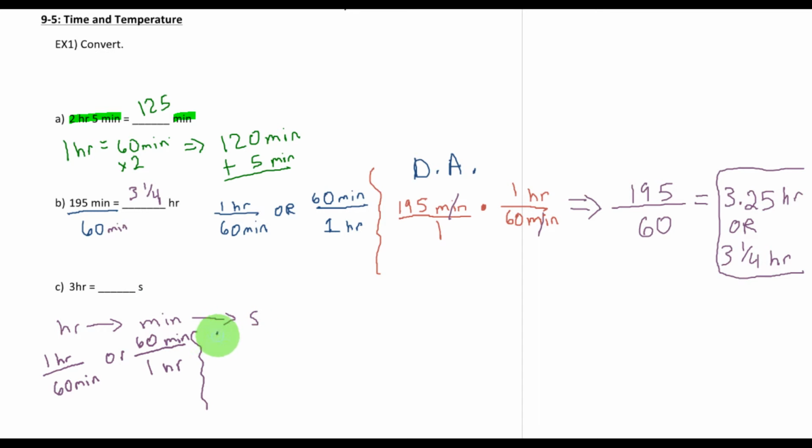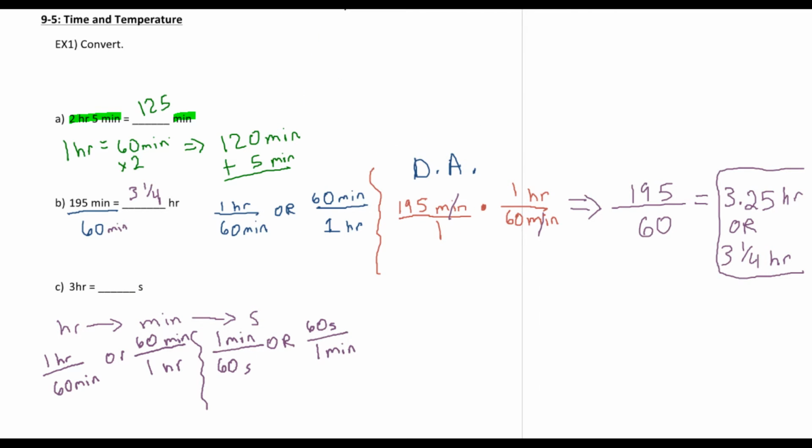Well, we know for every 1 minute, there are 60 seconds in 1 minute. Or the reverse, there are 60 seconds per 1 minute. So I have conversion factor 1 and conversion factor 2 that we're going to use to convert from hours down to minutes down to seconds.